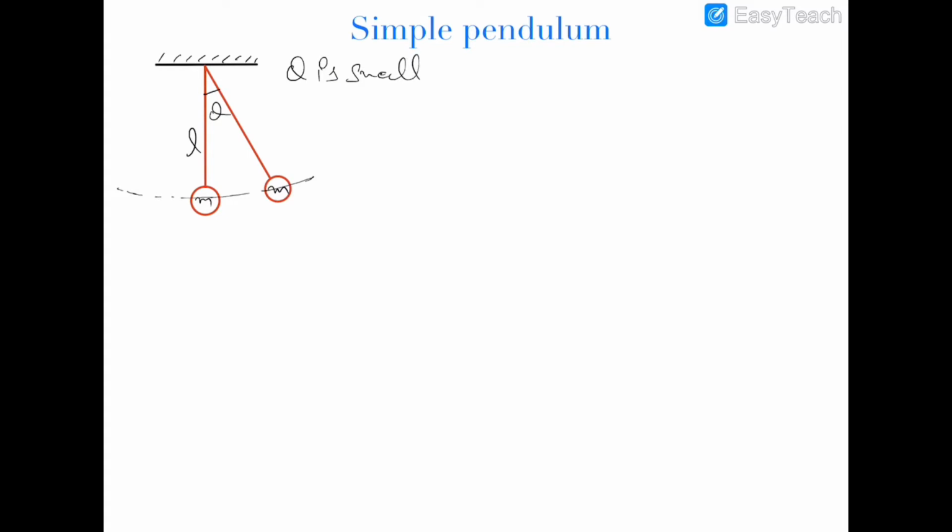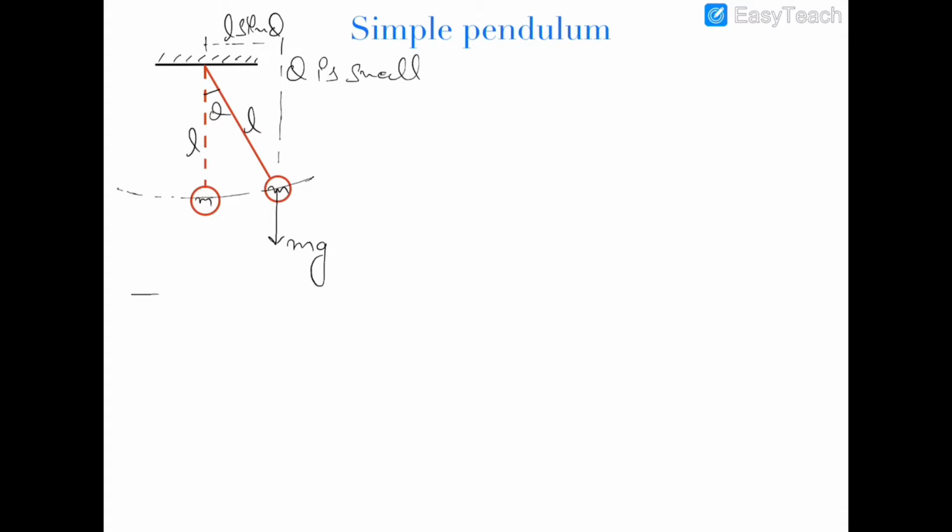Okay, so let us first of all write down the torque of mg, which will act in this position, and it will bring back this pendulum into its original position, the mean position. So this force which is acting in the downward direction is mg, and the torque of this force is, let's suppose the length of this rope is L. So this distance will be L sine theta.